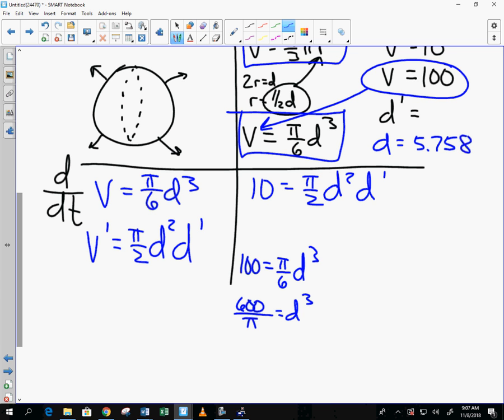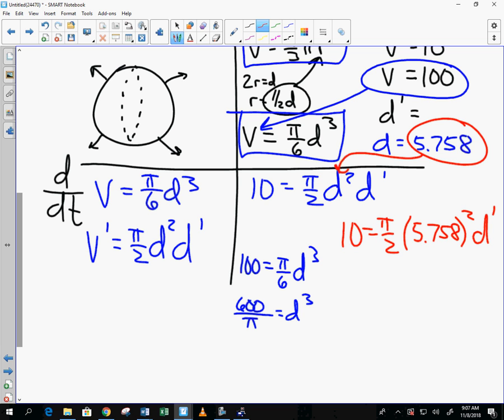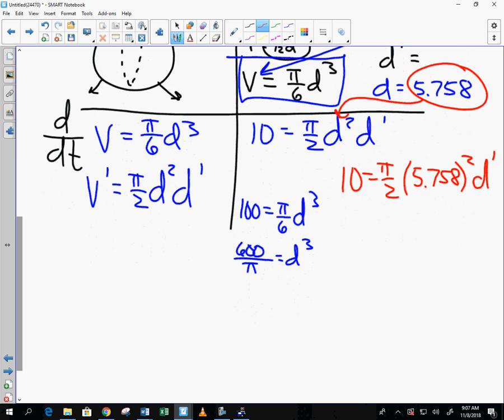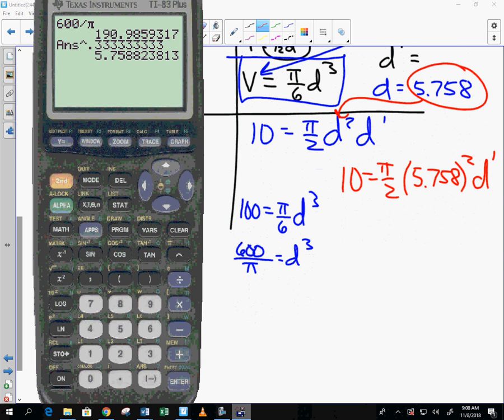So now what do I do with that? Plug it in. 10 equals pi over 2 times 5.758 squared, D prime. Now we just do some basic algebra. 10 times 2.